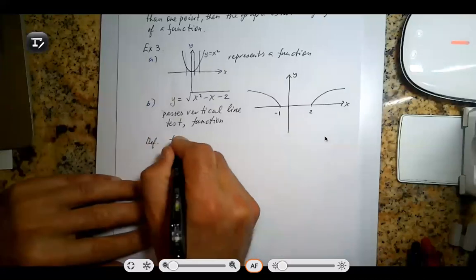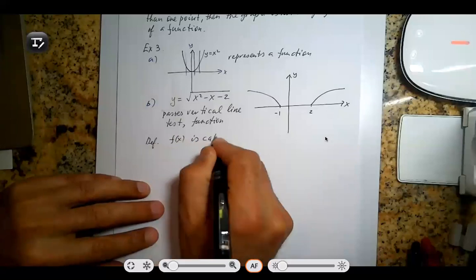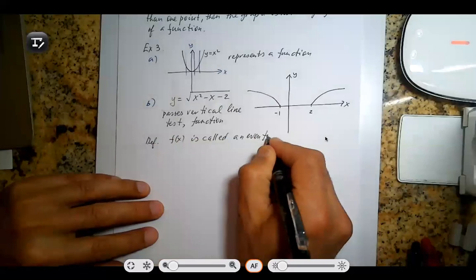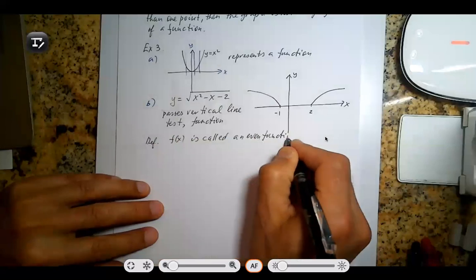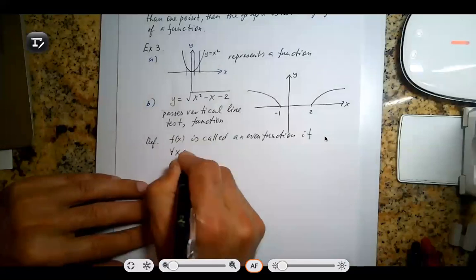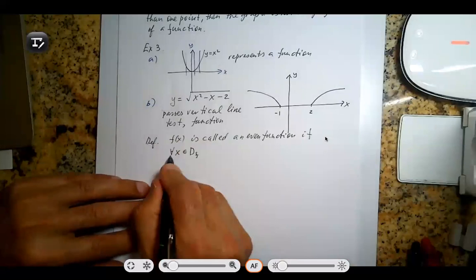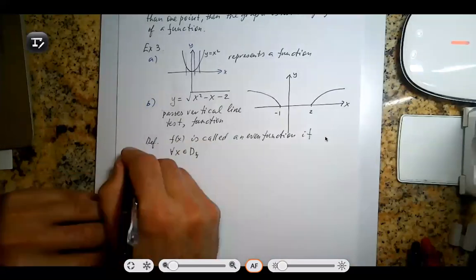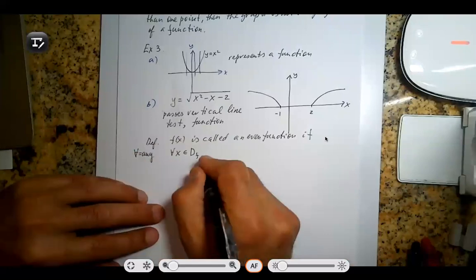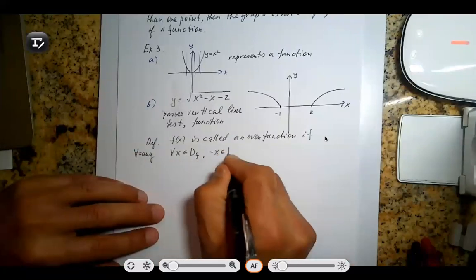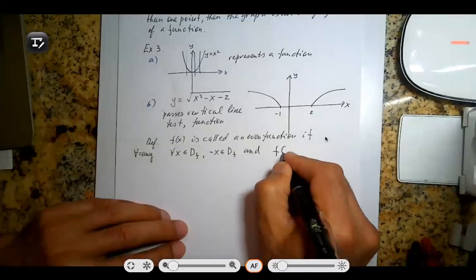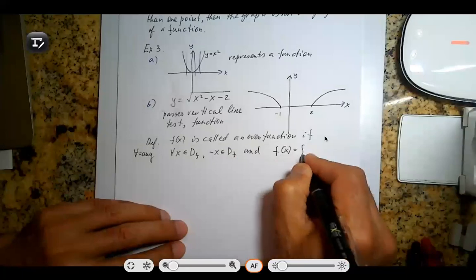F of x is called an even function if for any x from the domain of f, negative x also belongs to the domain of f, and f of x equals f of negative x.